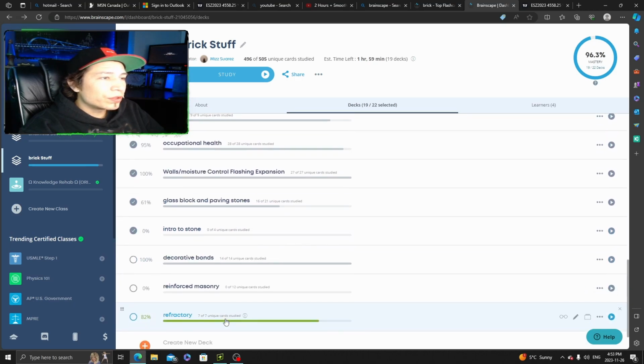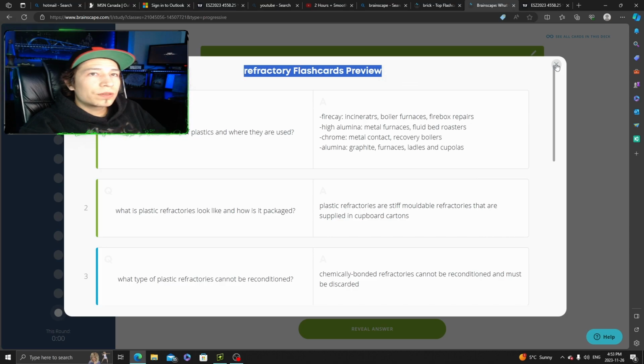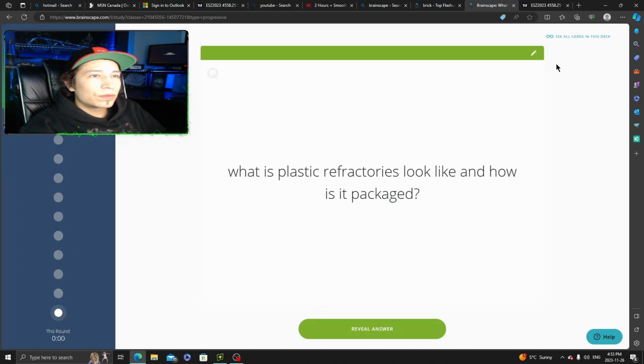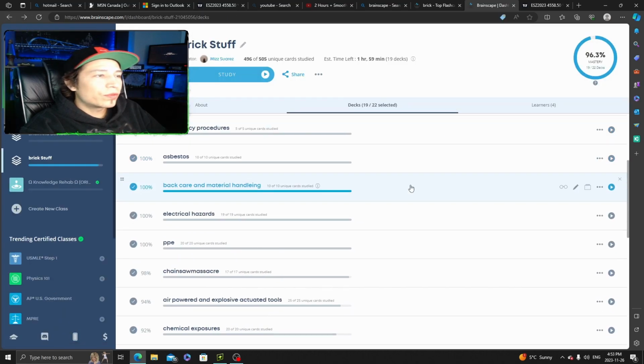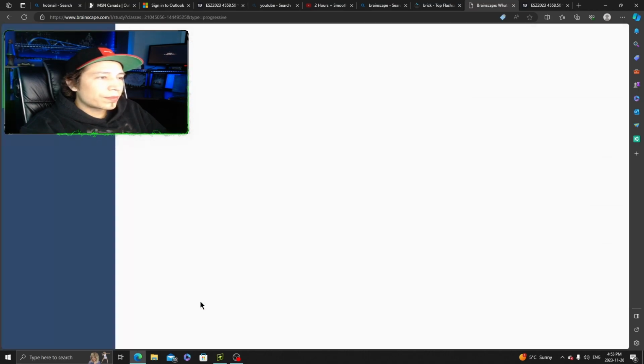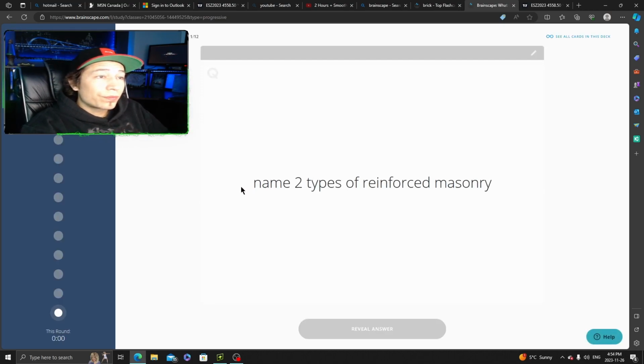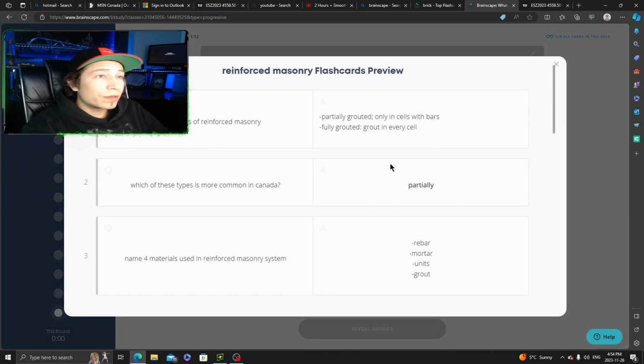So we'll do reinforced masonry. Okay, but why are we in refractories? I don't want refractories, I wanted reinforced masonry. Not refractory. We did refractory already.